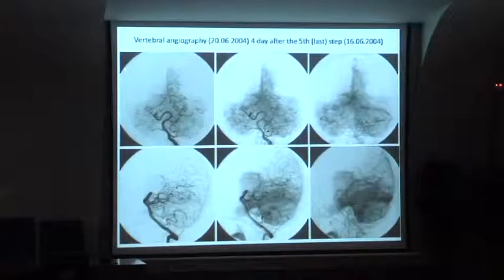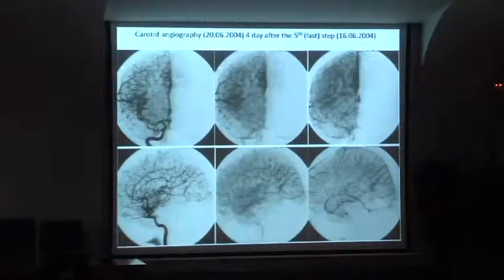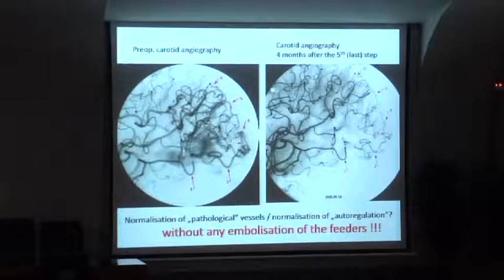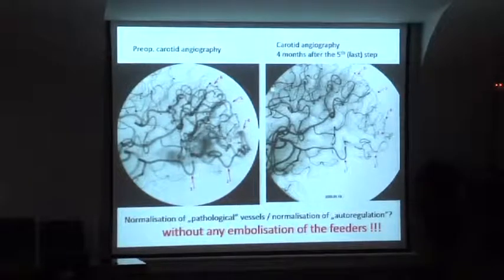And you can see the result, vertebral angiography 4 days after the last step. The malformation absolutely disappeared. Carotid angiography 4 days later, and you can see normalization of flow and disappearance of the malformation, but without any embolization of the feeder.